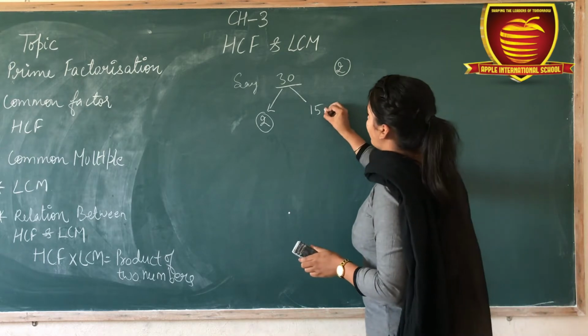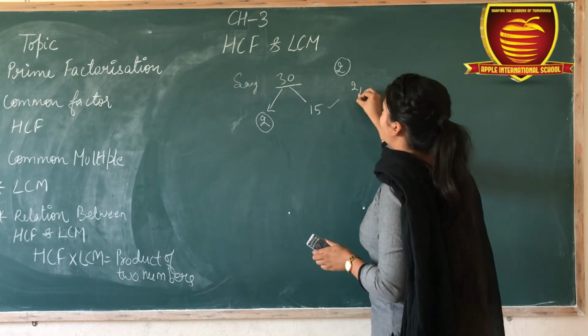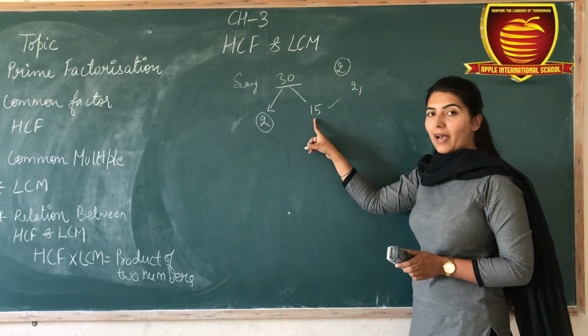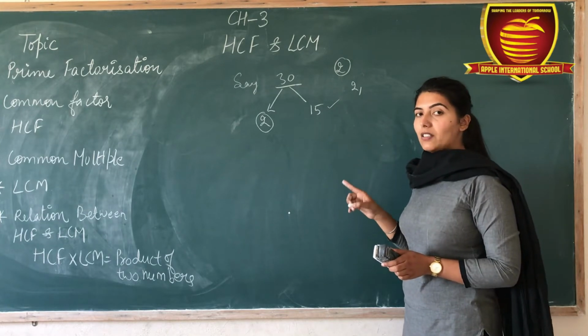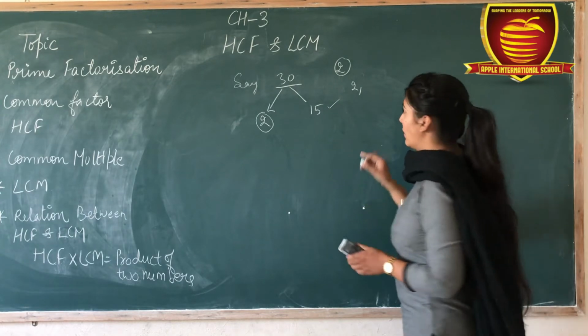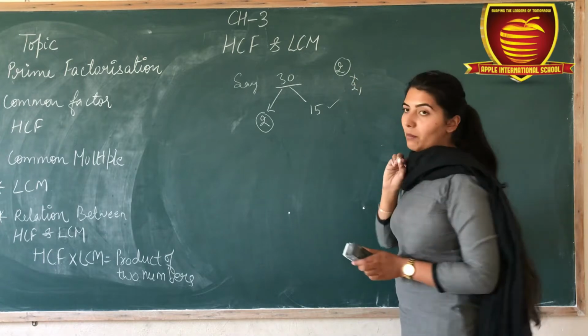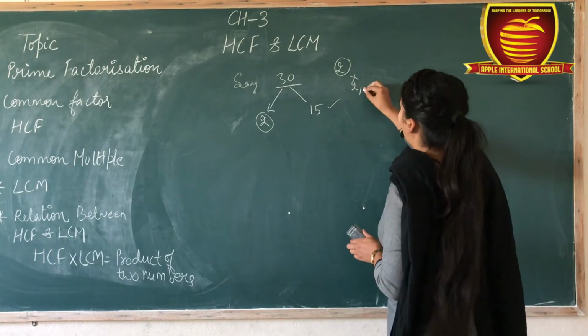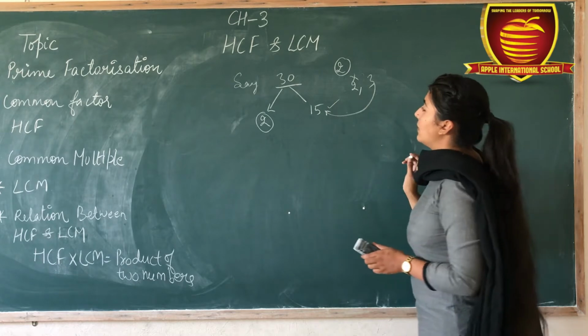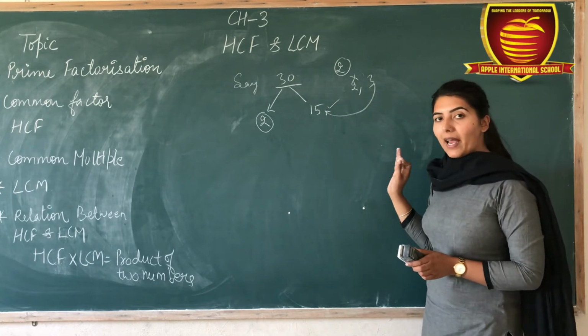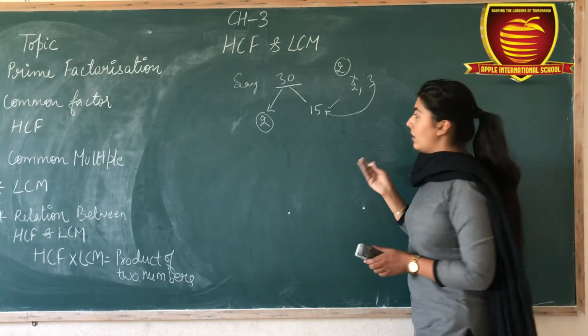The smallest prime number is 2. Is 15 divisible by 2? No. Then the next is 3. Is 15 divisible by 3? Yes.